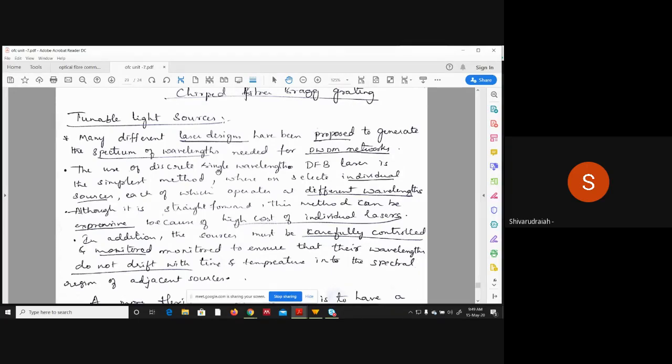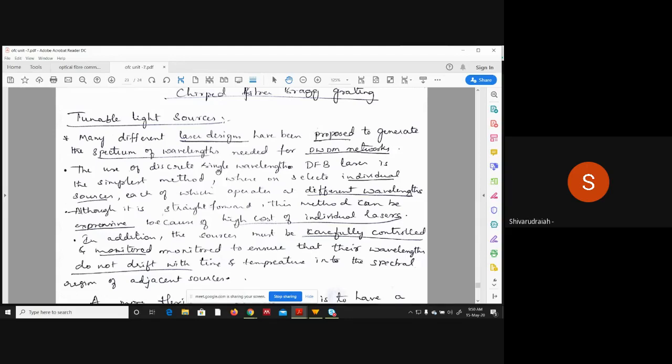How the laser source is constructed will be discussed in module 3. It's a separate module where we will understand the fabrication structure of these laser sources and LED sources, similar to integrated transistors. The way the integrated circuit transistor is fabricated, the same method is adopted to construct the light sources.